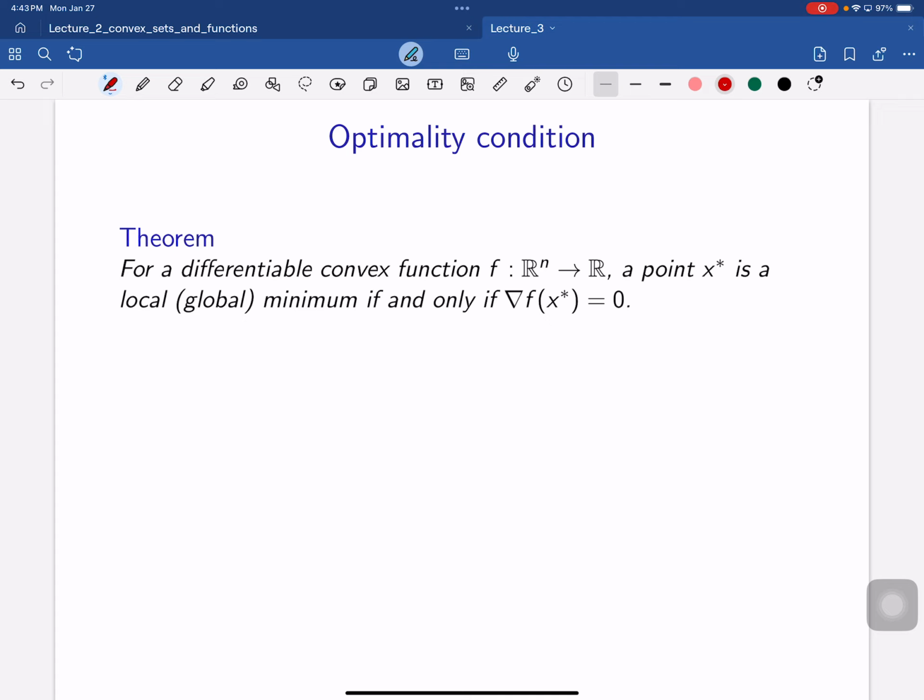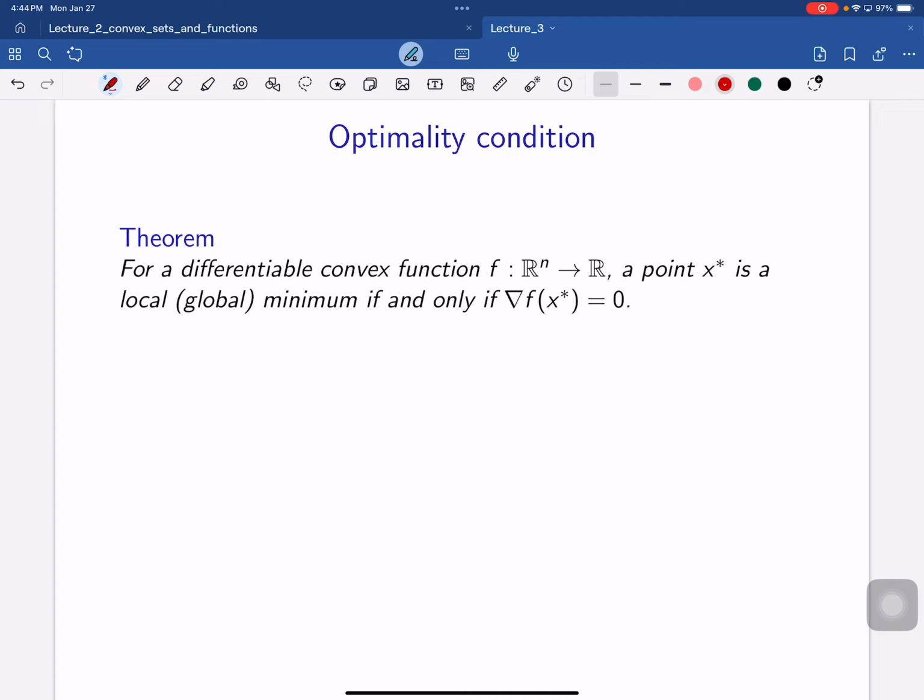For a differentiable convex function f, since any local minimum is a global minimum for convex functions, we say x star is a global minimum if and only if the gradient at x star equals 0. Okay, so this gives you a necessary and sufficient condition to get the global minimum for convex functions.